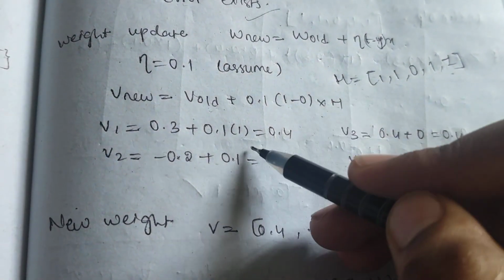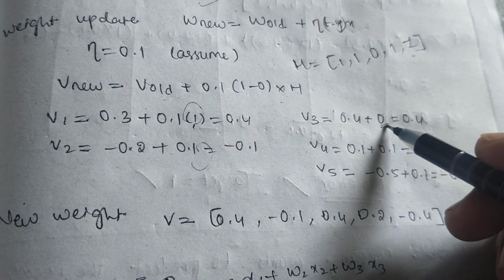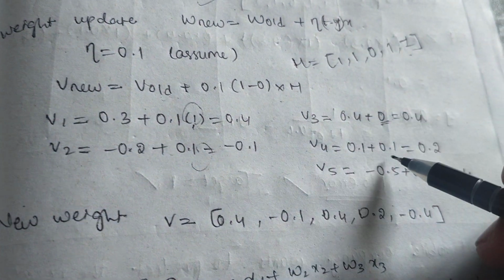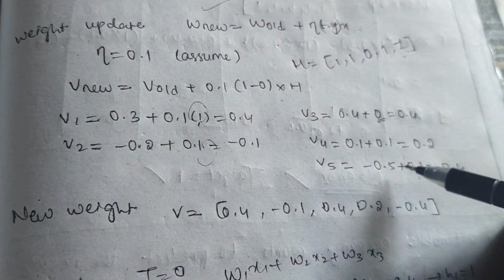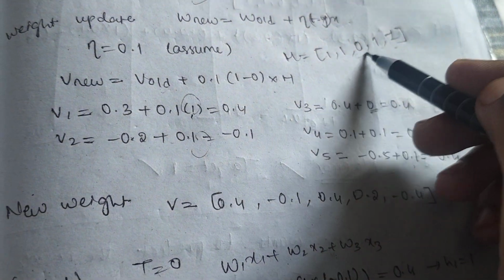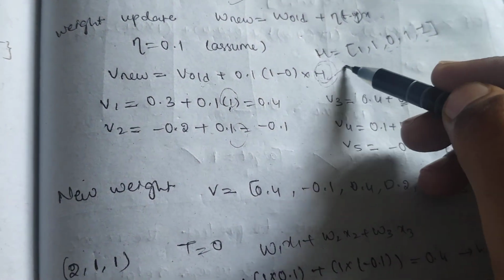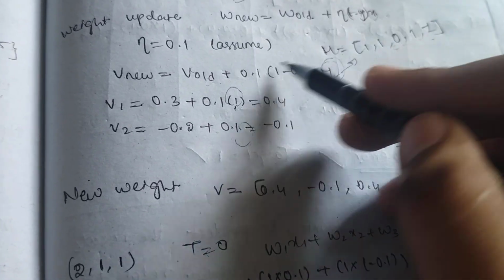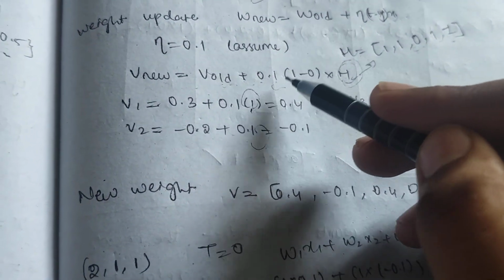For the first one you have considered 1, for the second one again 1, here you have considered 0, and the fourth one 1, fifth one also 1. The third one was 0. So you will be considering the hidden layer values as your x here. That's it. V new equals V old plus 0.1, which is your eta.